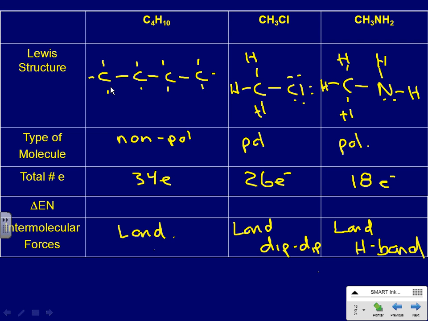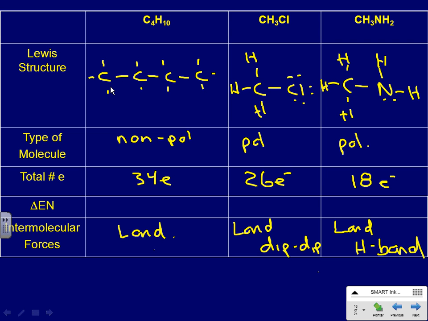This end will hydrogen bond with another molecule that's just like it, with the H's that are coming off of the N. So I would have another molecule where these two H's are being attracted to this N side. That's what makes the hydrogen bond.